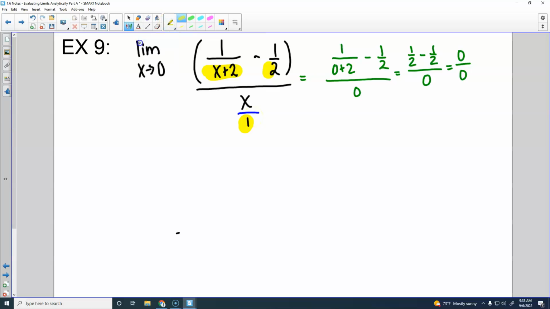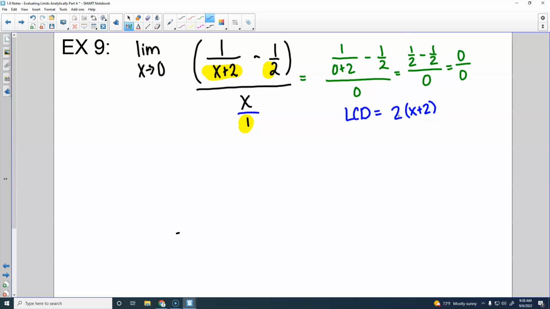What would the least common denominator be for those? X plus 2 is part of it. It also has to have a 2 with it. Okay? So I need the denominators of these to be 2 times x plus 2.